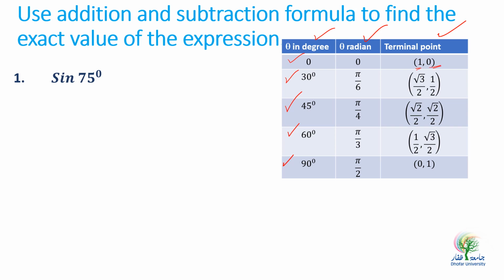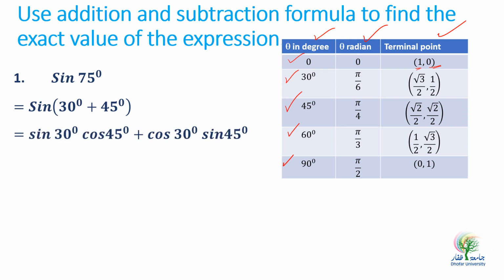We should know sine and cosine here. So 75, we can write 30 plus 45. Using the addition formula, sine A plus B, we write sine A cosine B plus cosine A sine B. This is A, this is B. I hope it is clear.